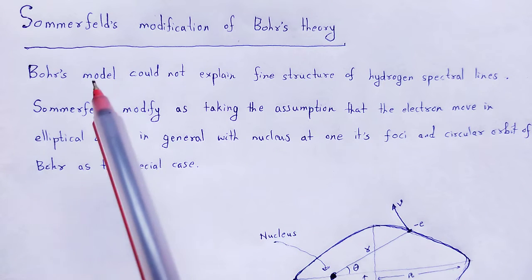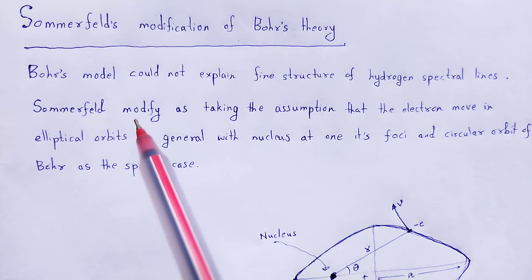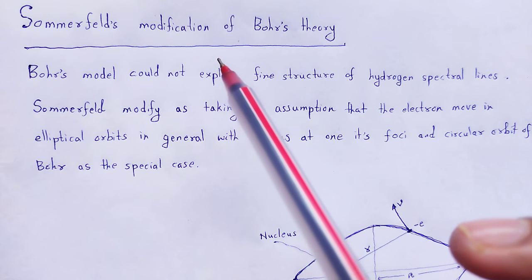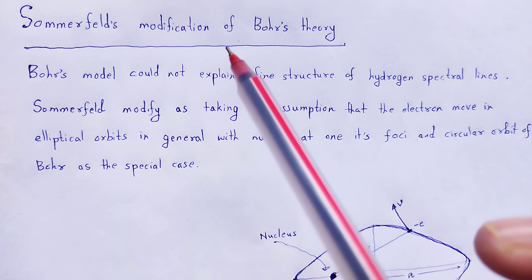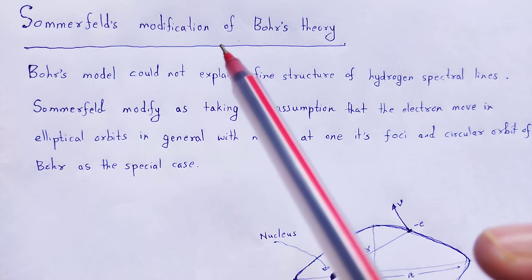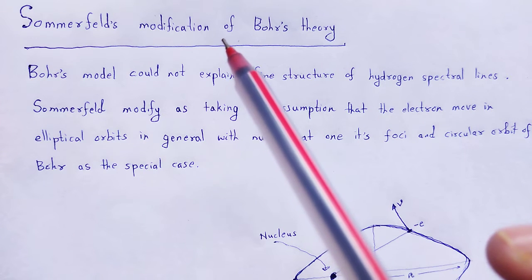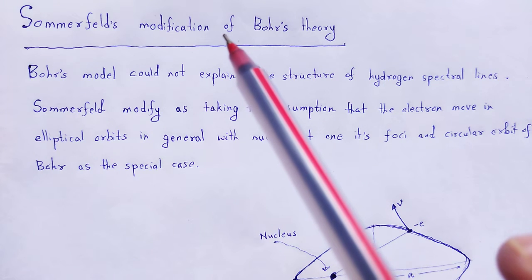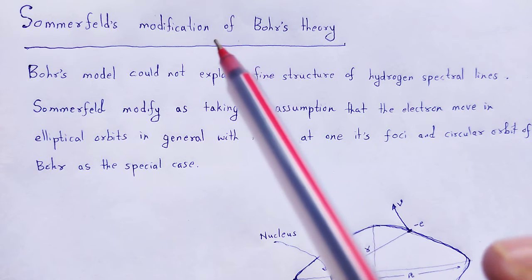As Bohr proposed in his postulate, electrons revolve around the nucleus in permitted circular orbits, and that permitted circular orbit is defined such that the angular momentum of the electron is an integral multiple of h by 2 pi.